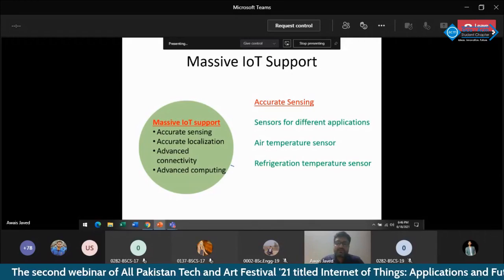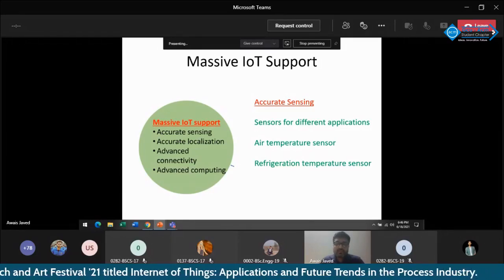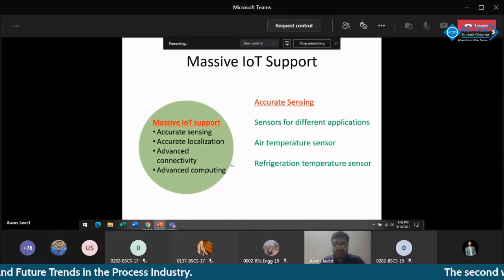As an example, if you are trying to monitor the temperature, and your application is to monitor only the air temperature, you may require a cheaper temperature sensor, and that would work for you.